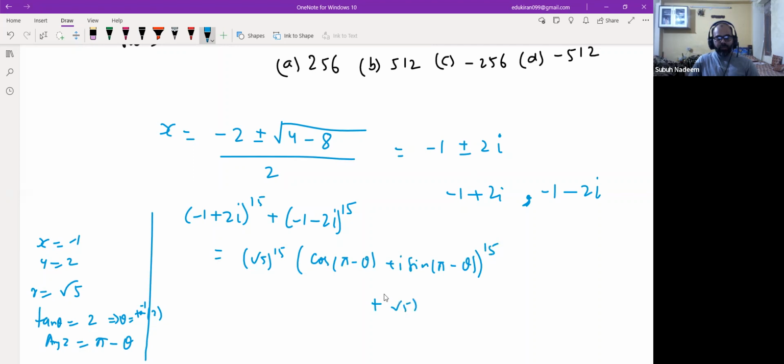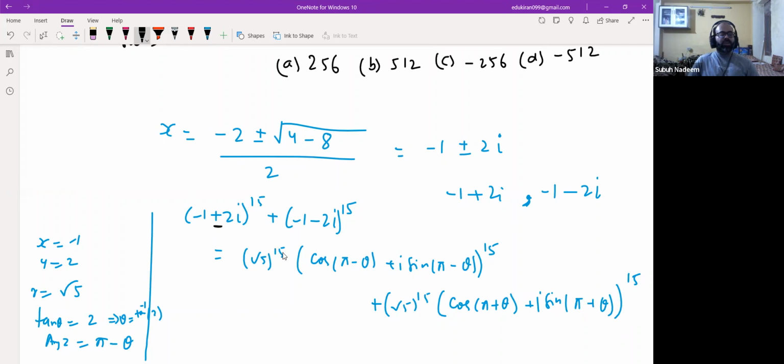Plus root 5 to the power 15, cos pi plus theta plus i sin pi plus theta, to the power 15. Reason being that it is minus 2i here, whereas there it is plus 2i.